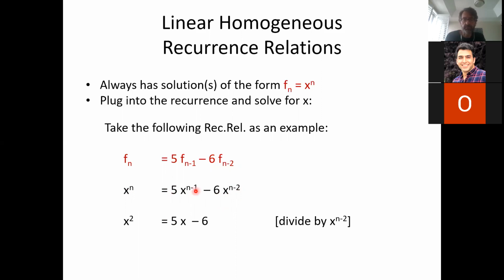So is this term, because x to the power n minus 1 is a multiple of x to the power of n minus 2. This thing is that times x. And this thing is also that times x squared. So each of these terms can be represented as a multiple of this.